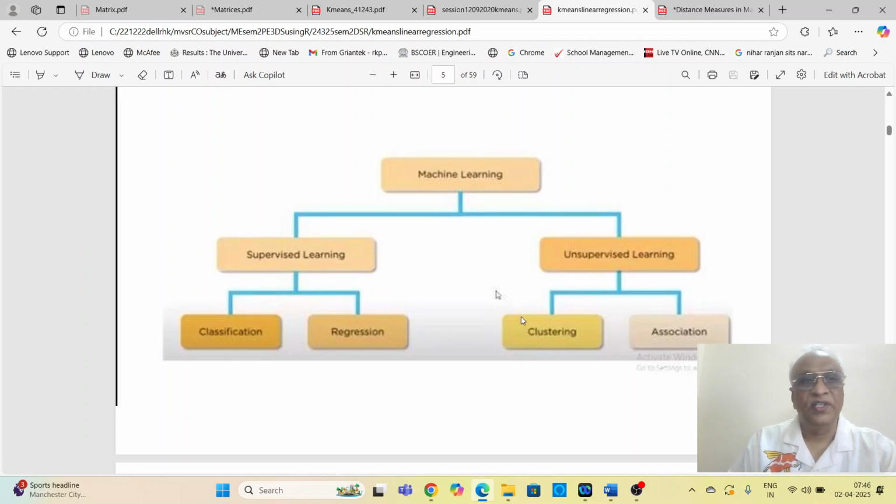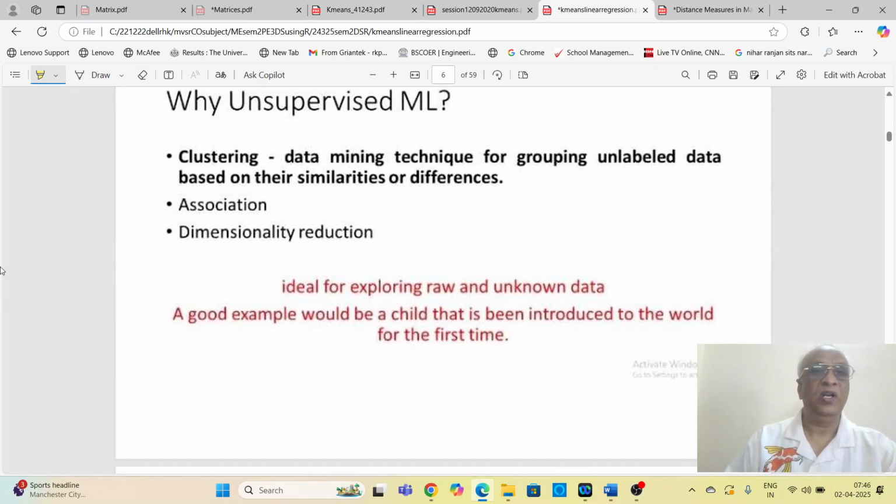and we know that clustering comes under unsupervised learning. Clustering is grouping, the data is unlabeled, and depending on the similarities we will be clustering. The other areas are association mining and dimensionality reduction.